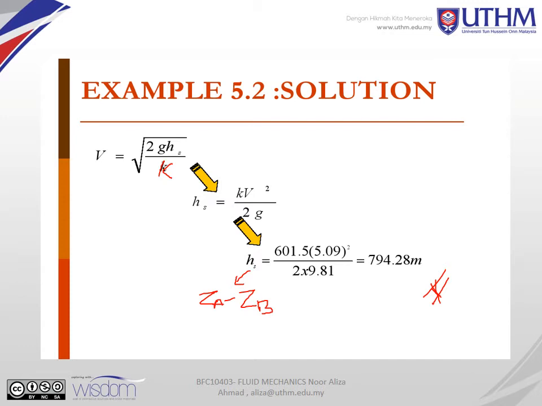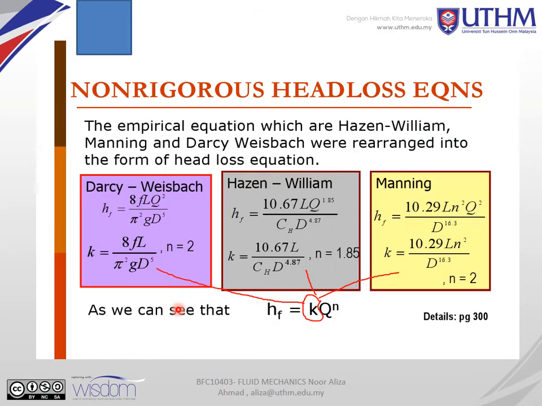Just put the values here and then you get HS. HS is actually the value of ZA minus ZB. This is the example for 5.2.